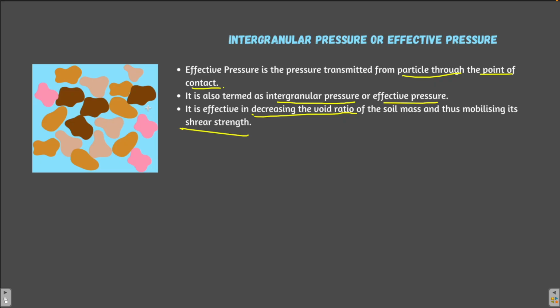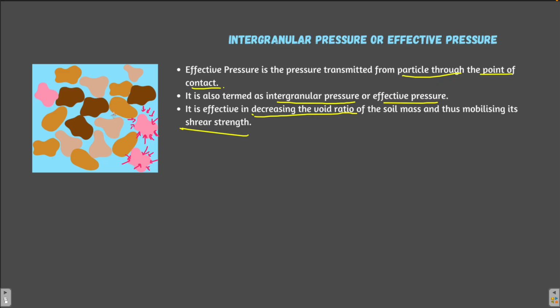And that water exerts pressure on the soil grains from all directions. That pressure which is exerted by the water on the soil grains from all directions is known as the pore water pressure.